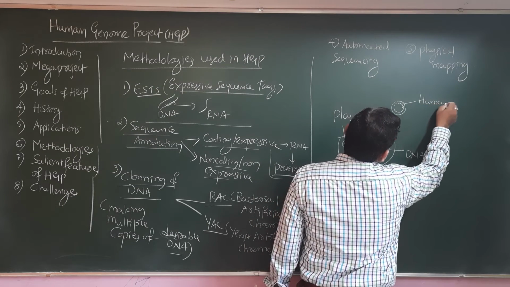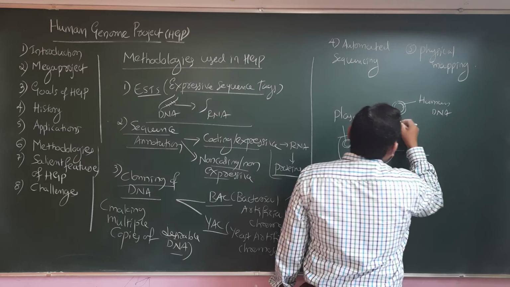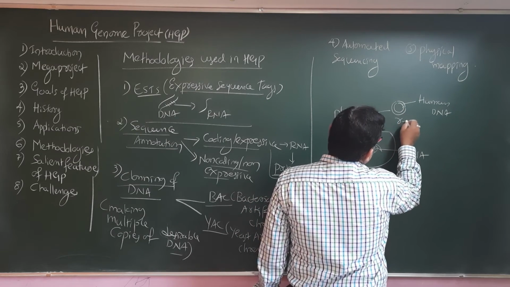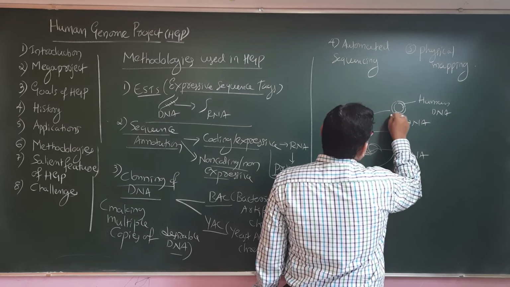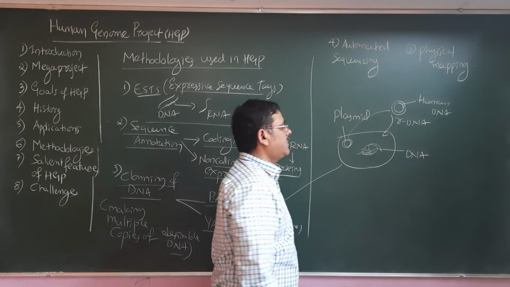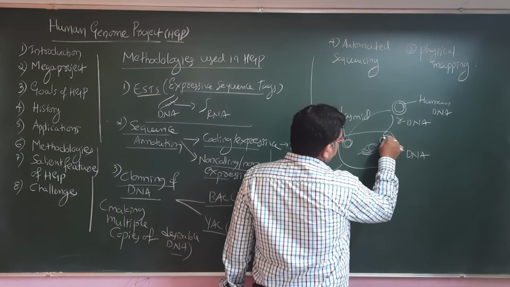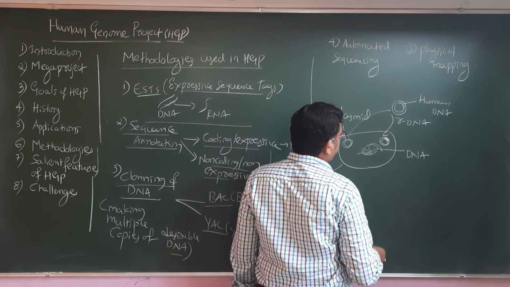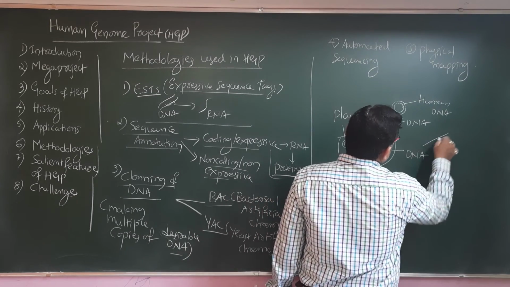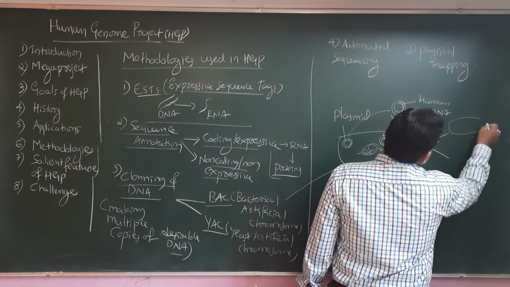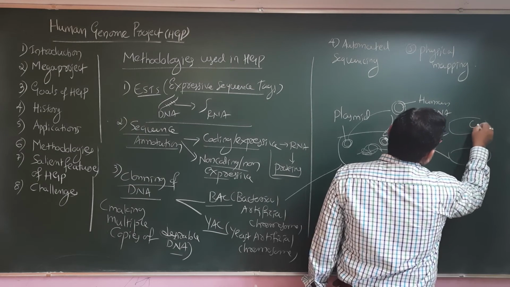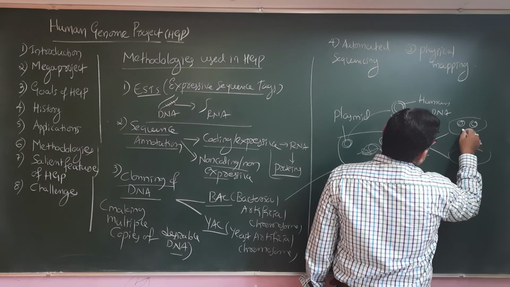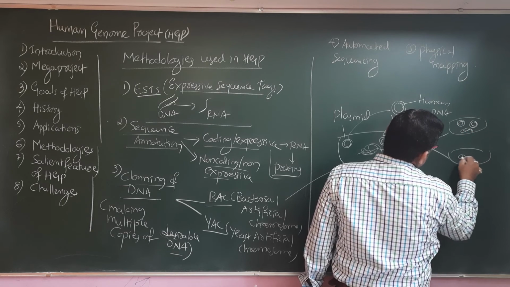Now it becomes rDNA, recombinant DNA. Now you insert it back into the bacteria. You have inserted the desirable DNA, and as this bacterial cell keeps on multiplying several times, the copies of the desirable DNA will also be made.